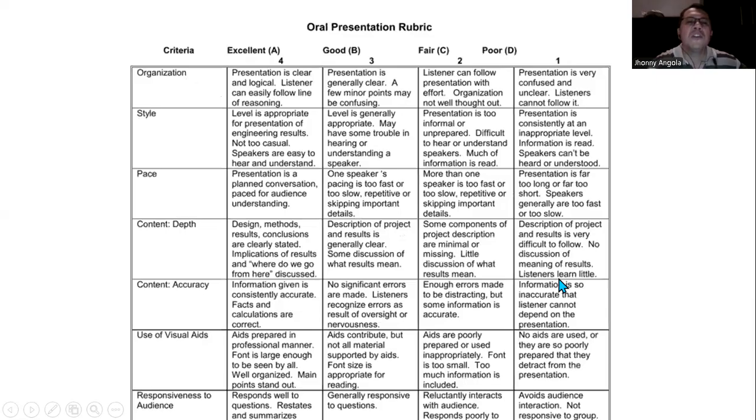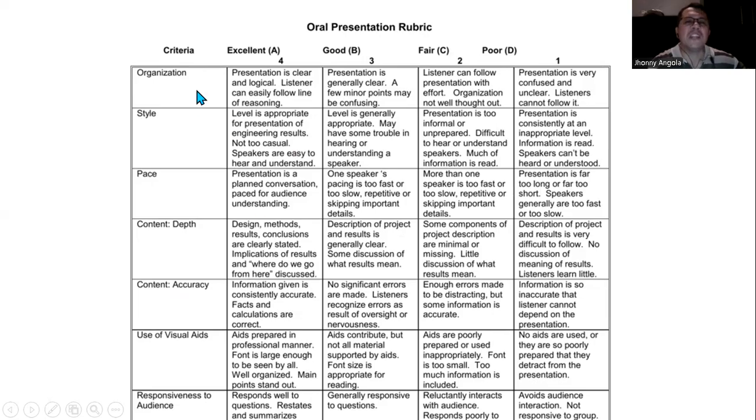I also show you others. For example, in this case, it is an oral presentation rubric. Listen, criteria: organization, style, pace, content depth, content accuracy, uses visual aid, responsiveness to audience.